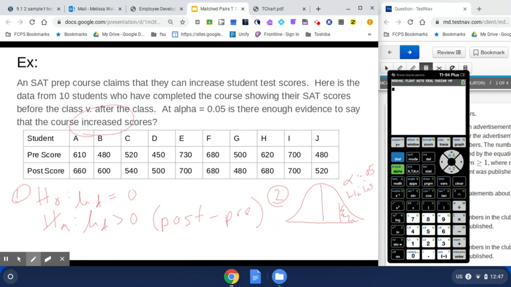And then I do have to think about degrees of freedom. If I count the number of points, 1, 2, 3, 4, 5, 6, 7, 8, 9, 10, I have 10 pairs of data. So I would do 10 minus 1 and get 9 degrees of freedom.